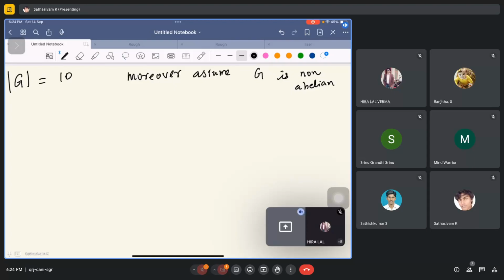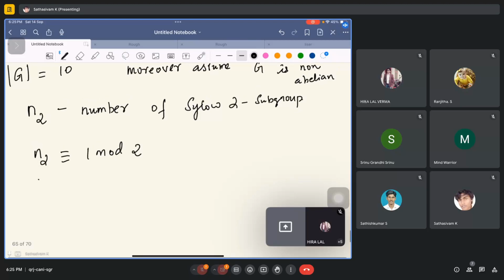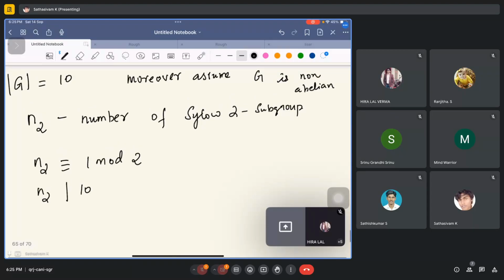Okay, so now let's look at n2, the number of Sylow 2-subgroups. What we know is that n2 is congruent to 1 mod 2 and n2 must divide 10.